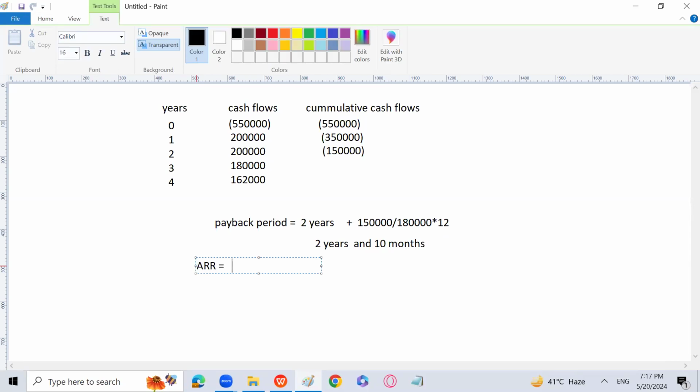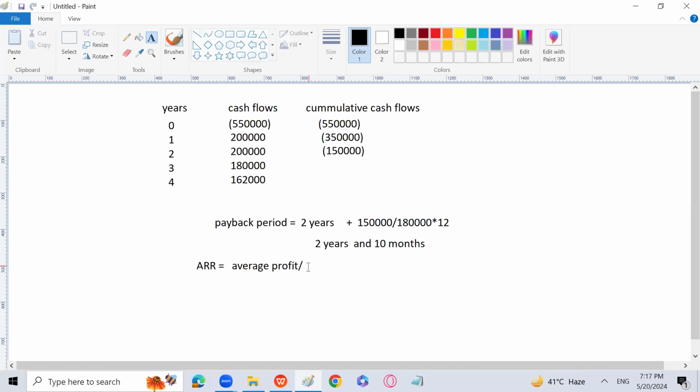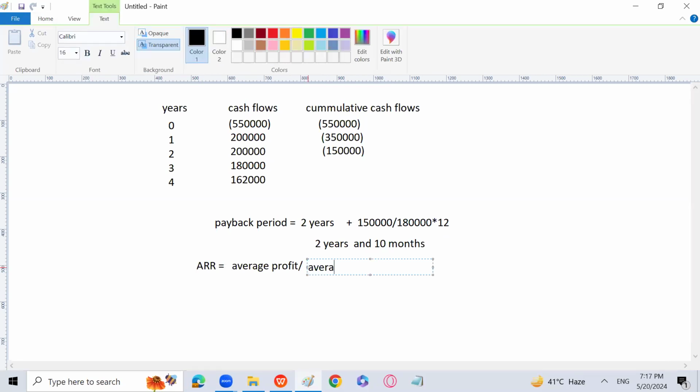The formula to calculate ARR is average profit over average investment, multiplied by 100. But here you have to be very clear that you don't need to use disposal value in average investment, because it's not a part of the course now.